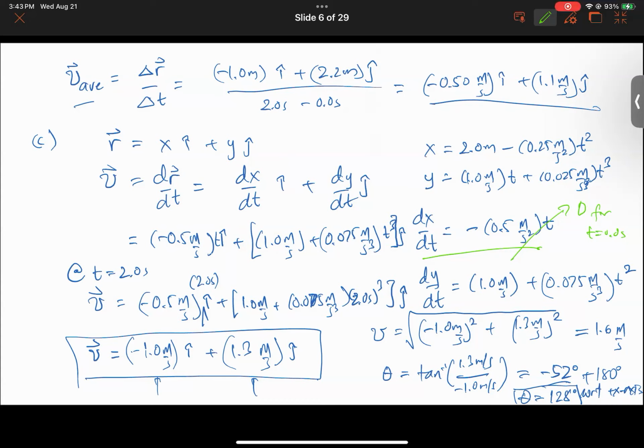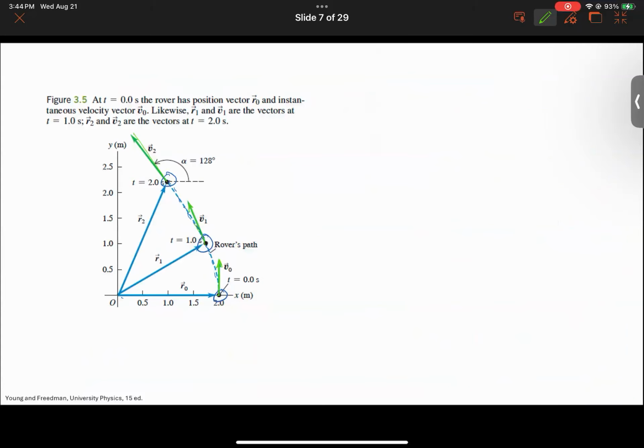On the other hand, yung y component ng velocity at t equals 0 seconds is equal to 1.0 meters per second. Okay, so this corresponds ngayon to 1.0 meters per second.